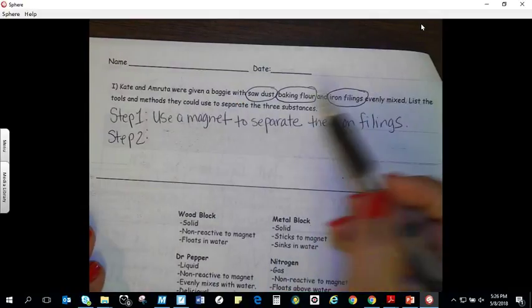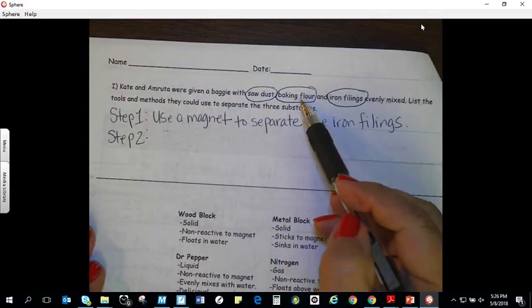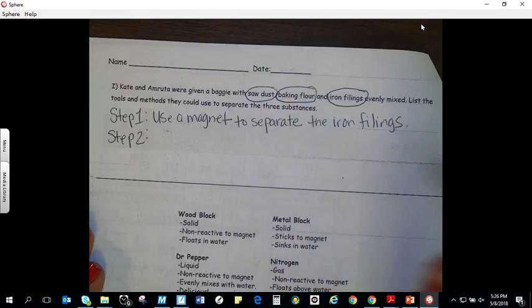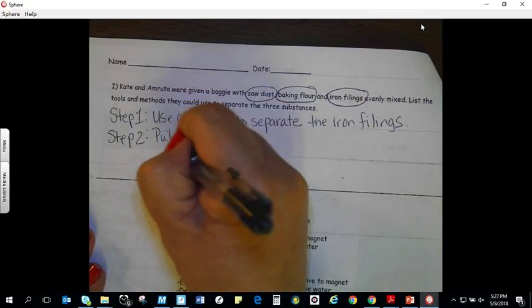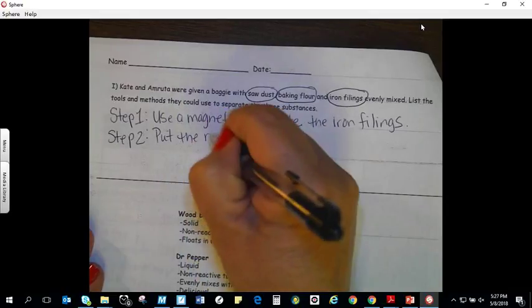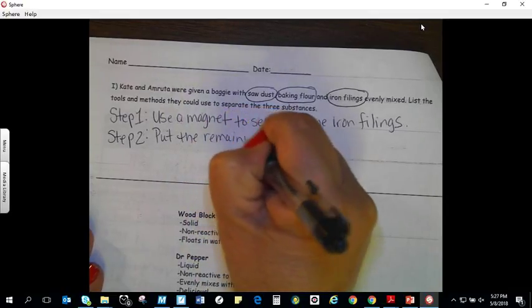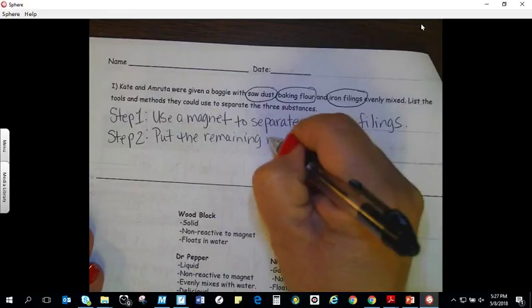Okay, so we have sawdust and baking flour. Well, I know that my sawdust is made out of wood, so I can actually put the remaining mixture in water.